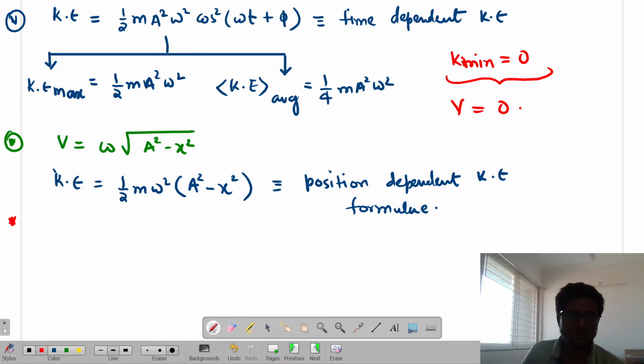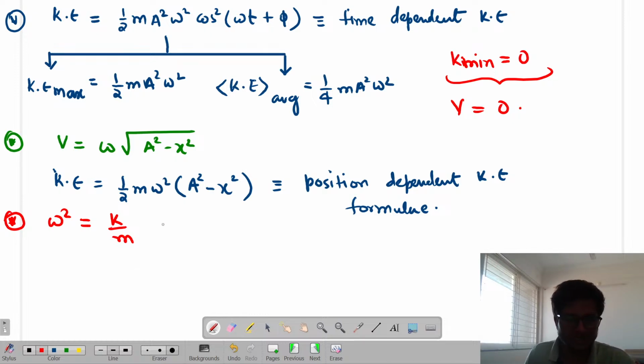So now the next thing is, you know that I can write omega in terms of k by m, so omega square is k by m, isn't it? So I'll replace that over here in the kinetic energy formula.